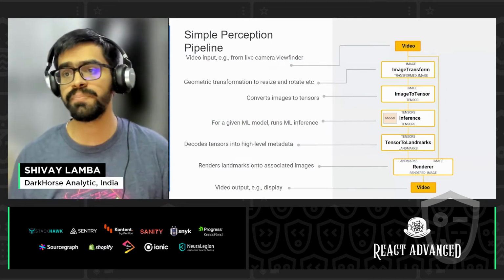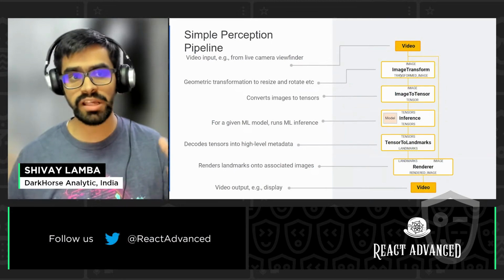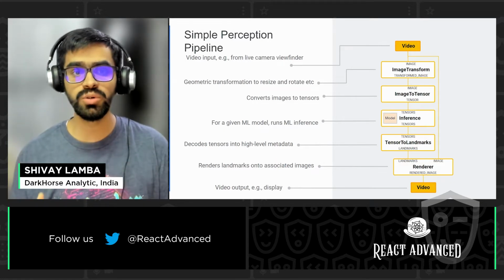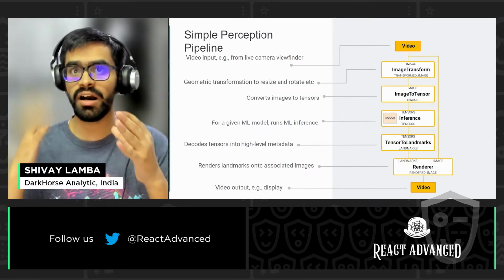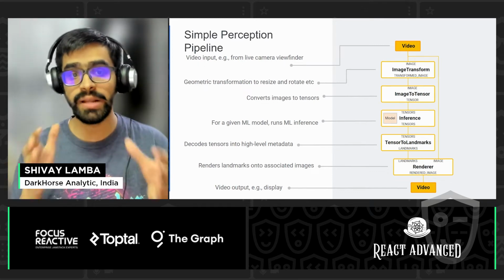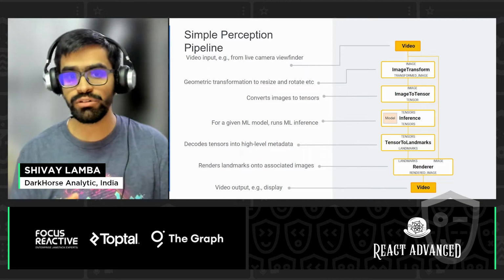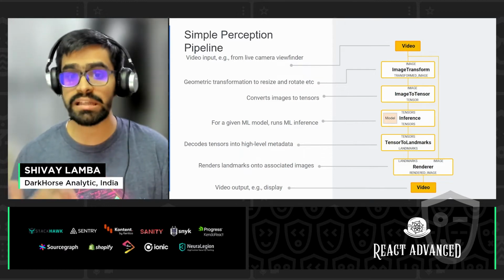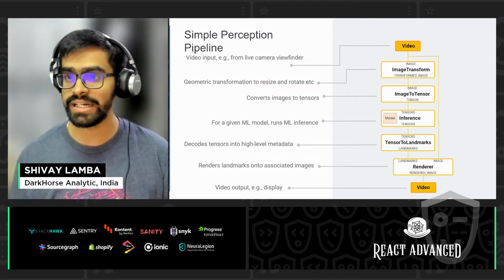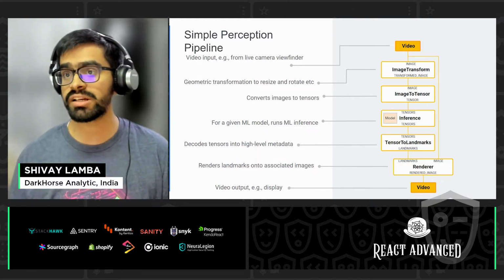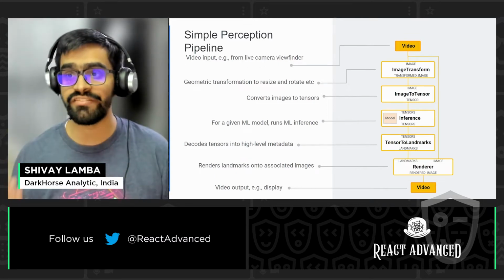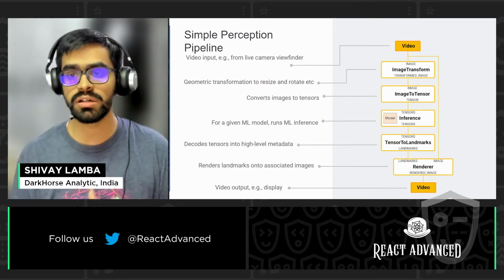So how would that simple perception pipeline look? Essentially, first you'll take your video input, then you'll get the frames from your video and break down that entire frame into a size that is usable by the tensors, because internally MediaPipe uses TF-Lite, that is TensorFlow-Lite. So you're working with tensors. These are high dimensional numerical arrays that contain all the information about the machine learning.